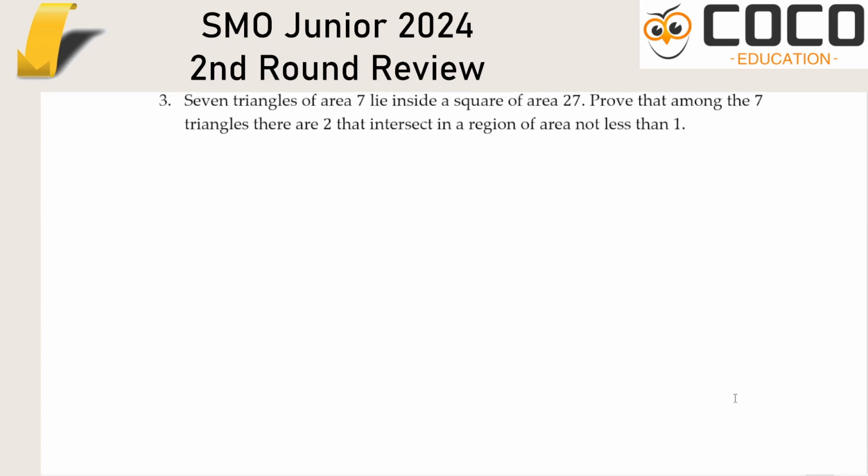Third question, this is not geometry. Prove that among the 7 triangles of area 7 in the square of area 27, there are 2 that intersect in a region of area not less than 1.